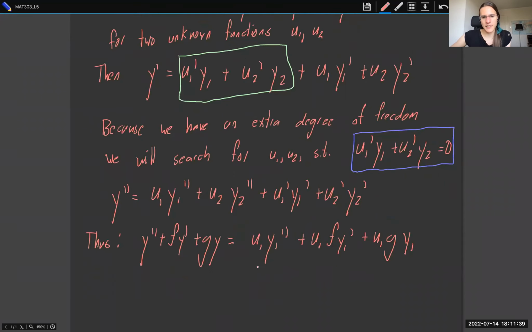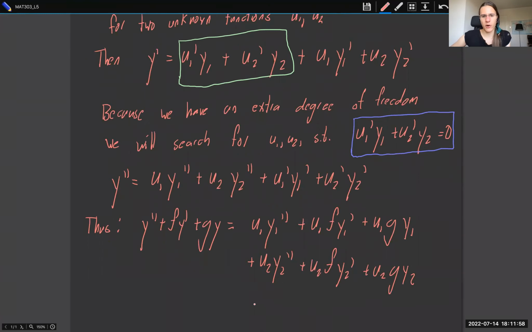Then I get the same terms for u2 and y2. And then I have these terms right here. They are additional terms. So I get plus u1 prime y1 prime plus u2 prime y2 prime.